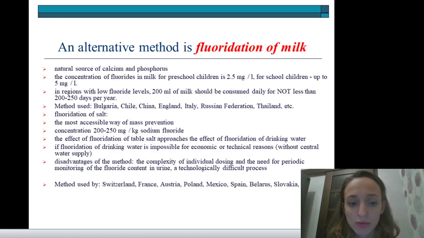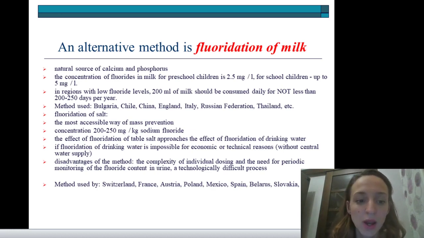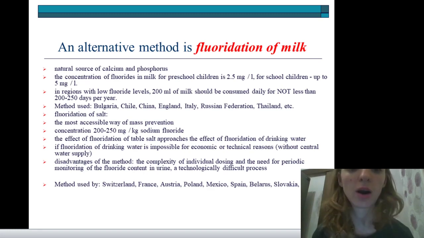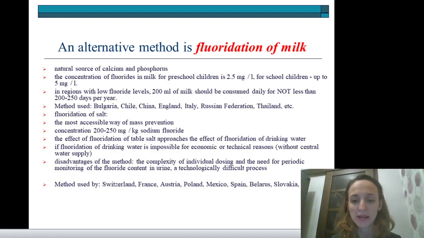The concentration of fluorides in milk for preschool children is 2.5 milligrams, for school children up to 5 milligrams, and in a region with low fluoride level, 200 milliliters of milk should be consumed daily for not less than 250 days a year. The method is used in many countries, and you should also know about fluoridation of salt.